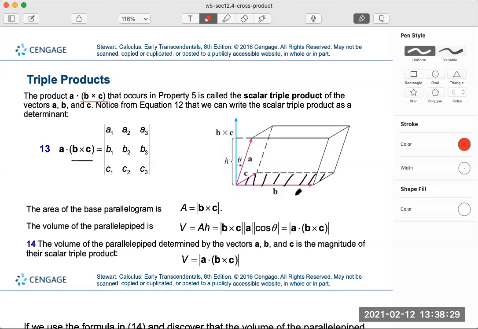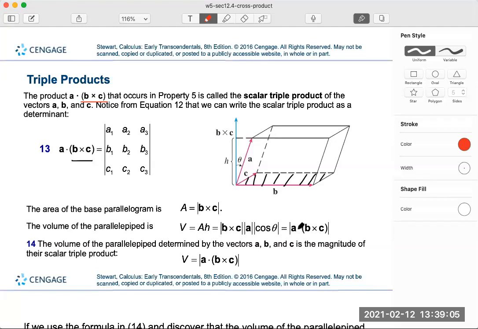The area of the base times the height of this parallelepiped here will be exactly the volume of this, right? And this triple product can be computed as the determinant of order 3 of these vectors. Remember, the orders will be very careful here, right? Should be careful. A, B, and C. Okay?